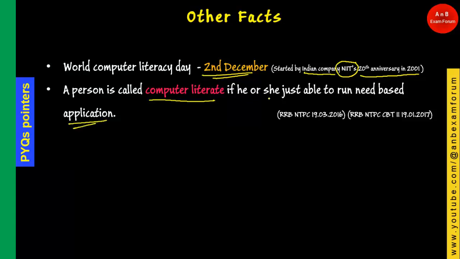Okay, this pointer was asked in RRB NTPC. If he is able to handle or run the application on the computer, he is computer literate, whether he is educated or not educated doesn't matter. If he is able to do the task as per the application, he is computer literate.